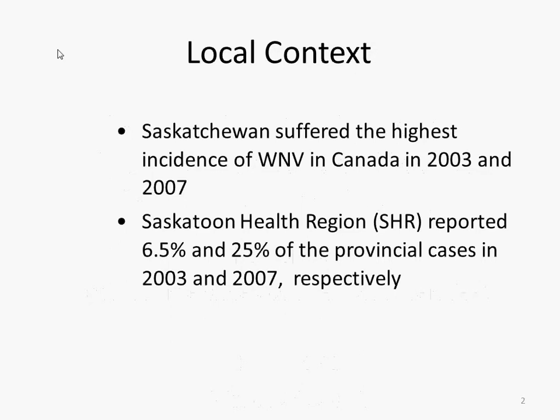And I mentioned some of the local context of West Nile virus. West Nile virus being a very episodic burden within the province. Saskatchewan being distinguished in 2 years, 2003 and 2007, as being associated with the highest incidence of West Nile in Canada.